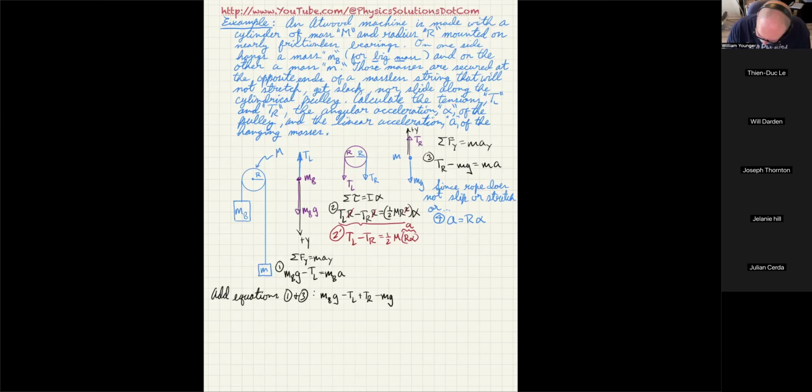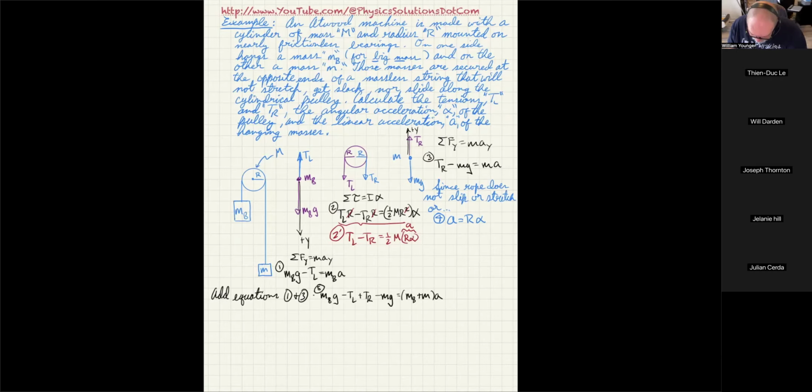So that's me adding the two left-hand sides. Now I'm going to add the two right-hand sides, but I'm going to factor out the common factor of A. So that's going to be equal to MB plus M times A. And now I'm going to call this equation 5.